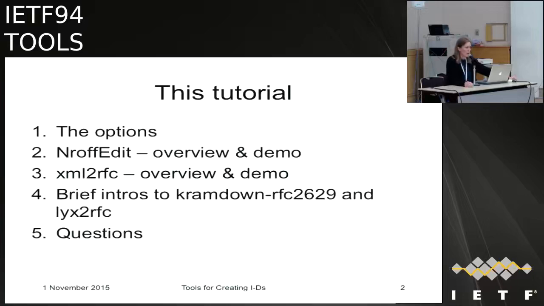One is cram down RFC 2629, which uses Markdown to create a text output or XML output. If you're used to working on wiki pages, you might be happiest with that option. And links to RFC, which relies on links, which I understand is popular in academia. And there will be time for questions.